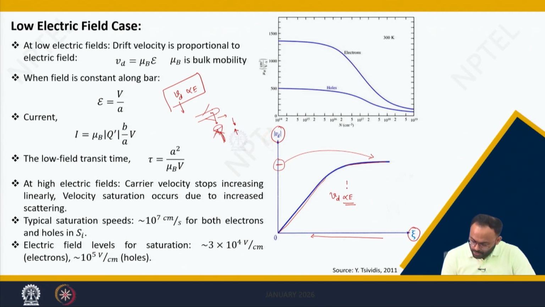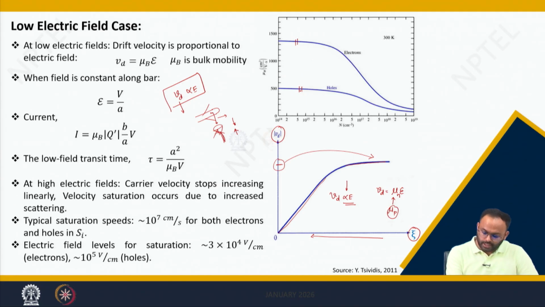So this proportionality constant can be written as Vd equals mu into E, where mu stands for mobility. Mobility is the ability of how freely an electron can move. In general, for electrons we write mu n, and for holes we write mu p. You can see here that the mobility of the electron is higher than that of the hole.